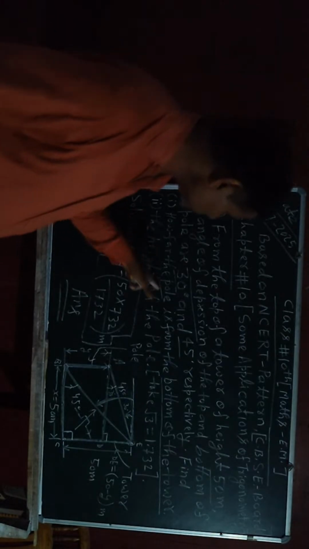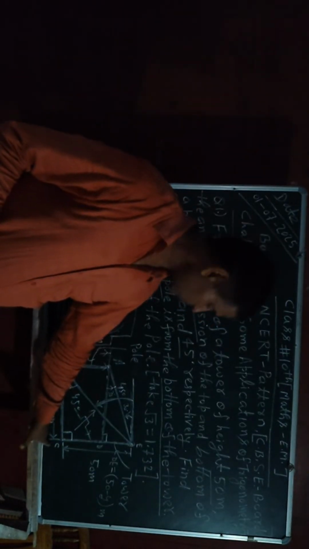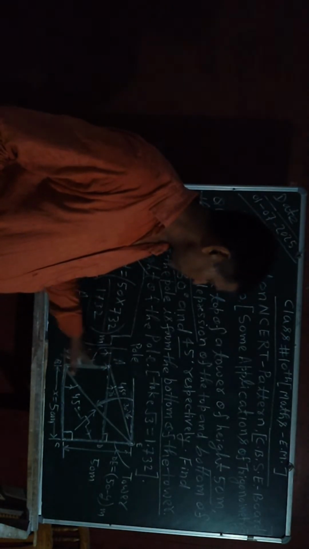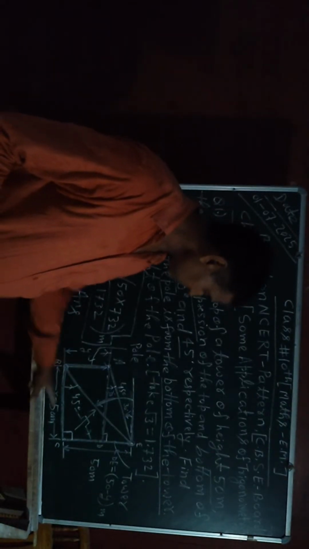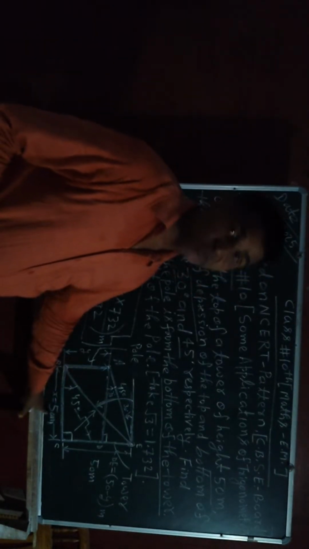We have to find the distance between the pole's bottom and also the tower's bottom. So this point C is the bottom of the tower, and this point B is the bottom of the pole. So the distance between B and C we have to calculate, and after calculating I have got its value as 50 meter.